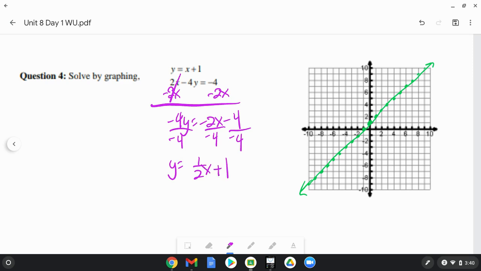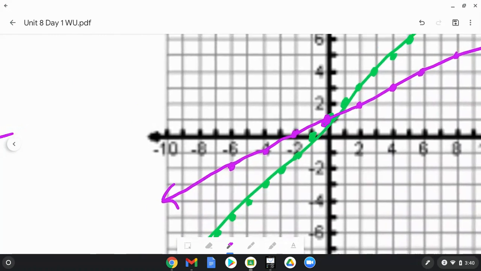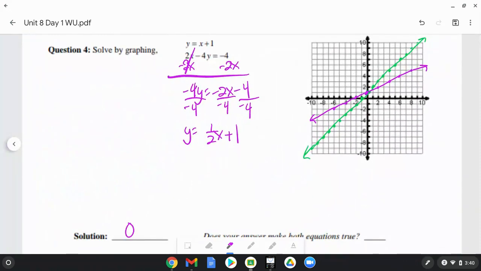So we go to 0, 1 and go up 1 over 2. 1 over 2 forever. And down 1 to the left 2 forever. So then in the end, it looks like they overlap at 0, 1. And if you plug it in, your answer is going to be yes.